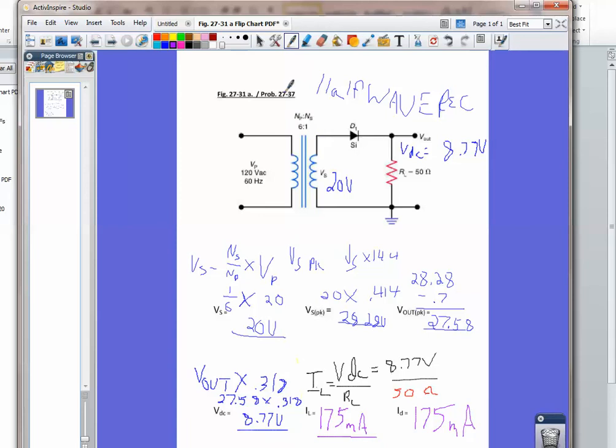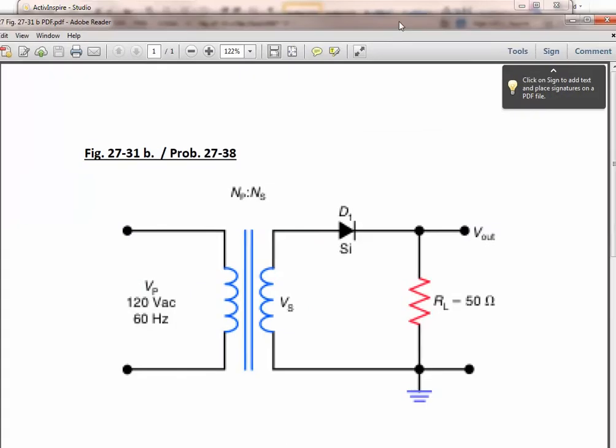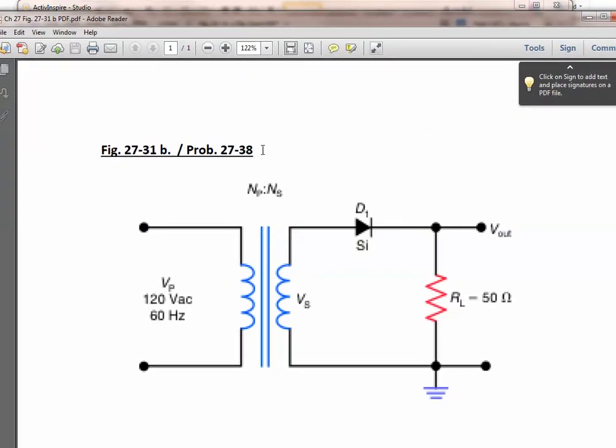This is problem 27-37. I'm calling it figure 27-31A. Okay. So what the book does is it changes the winding number, and it gives you a different winding number. Okay, and that is problem 27-38.